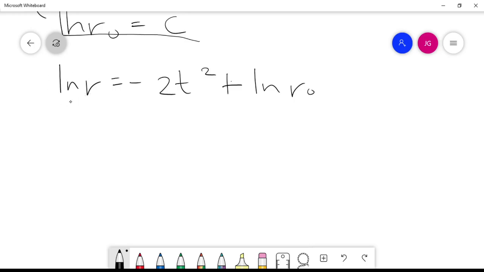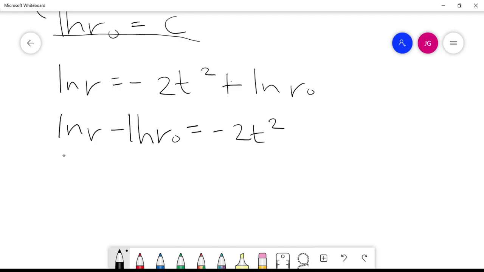So naaman siya logarithmic, so we need to apply logarithmic na process. Then ln r minus ln r0 is equal to negative 2t squared.